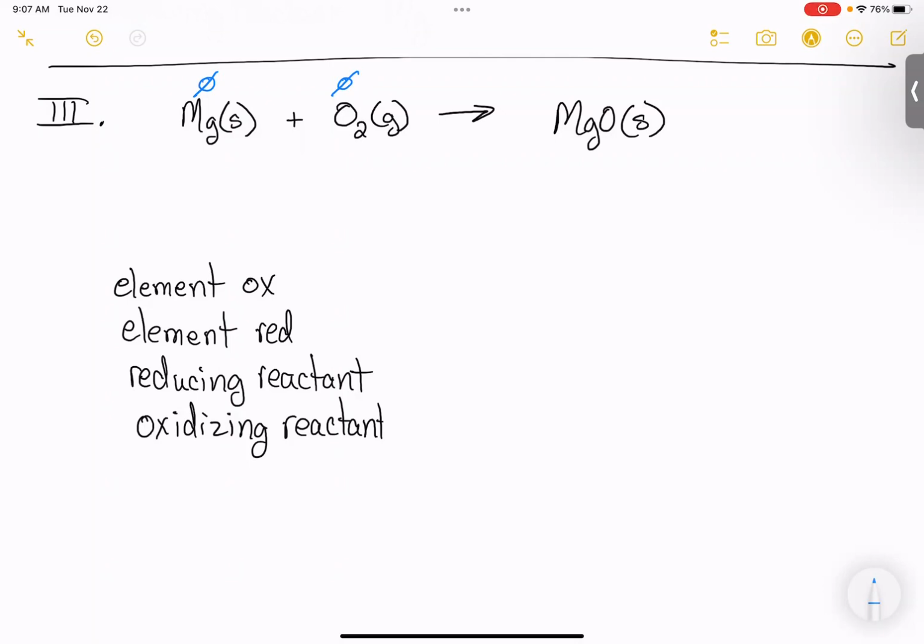So what is magnesium here in the magnesium oxide? It's the same as its charge because it's an ion, so it's a +2, and the oxygen in the magnesium oxide, because it's an ion at this stage, is a -2.